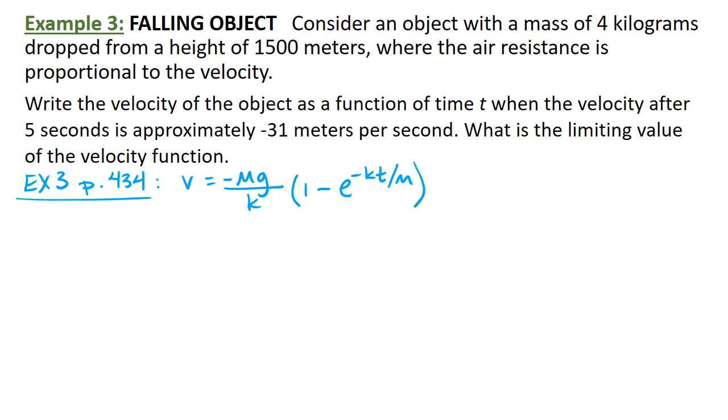This information tells us that g is the acceleration due to gravity. And if we're dealing with meters here, the acceleration due to gravity in this case is 9.8 meters per second squared.